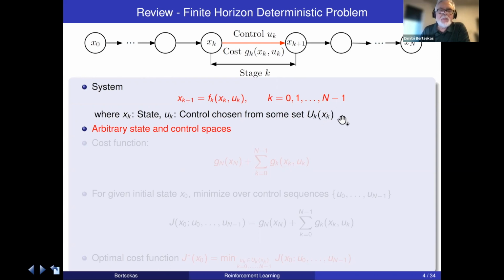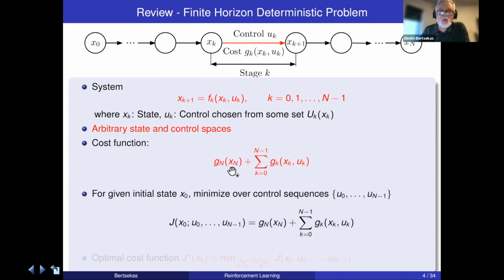And at the typical stage, the state is xk. We apply control uk, and we move to state xk plus 1 according to this equation. And we also incur this cost, and we do this for n stages. The cost function is the sum of the costs over the n stages plus a terminal cost at the end involving the terminal state xn.